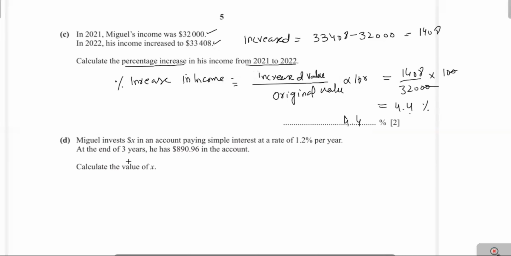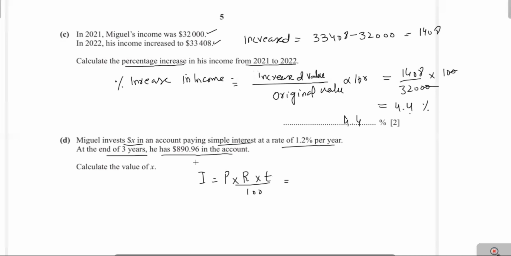Now the part D. Mike will invest X dollars in an account paying simple interest at a rate of 1.2% per year. At the end of 3 years, he has 890.96 in the account. Now firstly, we find the simple interest. Simple interest is equal to the principal amount or investment amount multiplied by the rate multiplied by time, over 100.